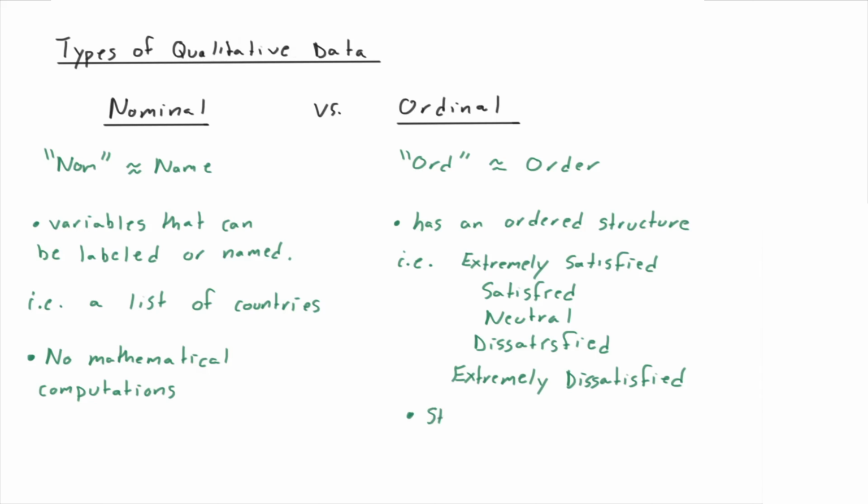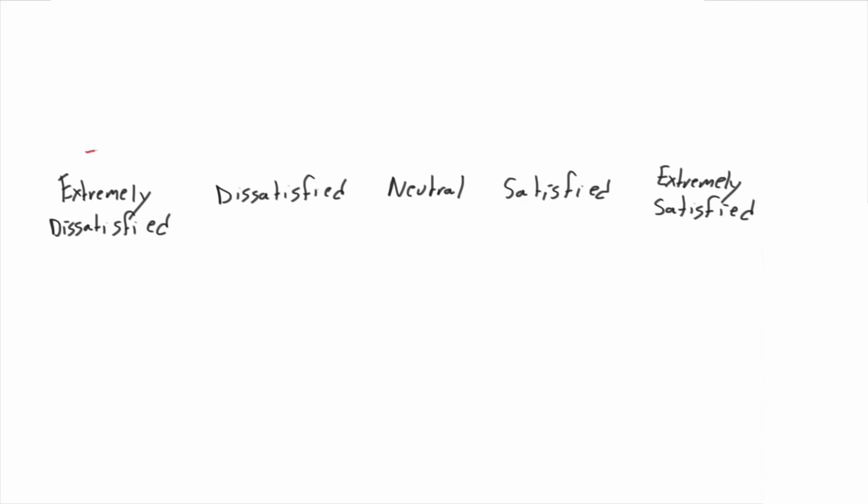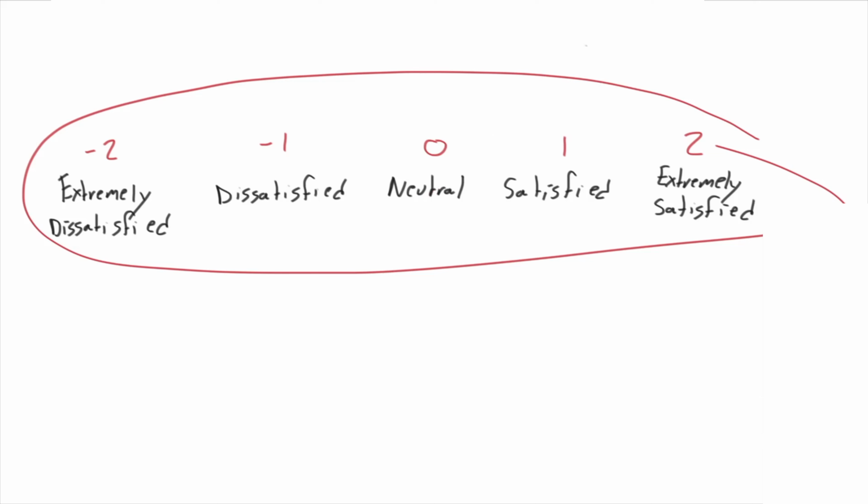Now we can note that while we do have an order, right, extremely satisfied is better than neutral, which is better than extremely dissatisfied, we can't necessarily presume anything in terms of the difference between them. In other words, though you might be tempted, we wouldn't want to put numeric labels on these, like assign -2 to extremely dissatisfied, 0 to neutral, and 2 to extremely satisfied.